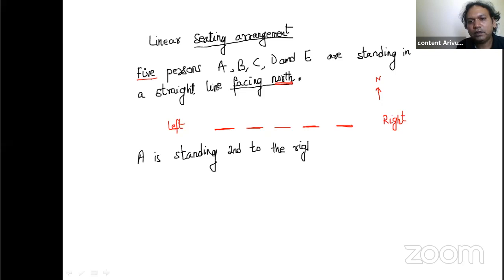A is standing second to the right of D. A is standing second to the right of D. So now how are we going to use this statement here? Let's try to work it out.